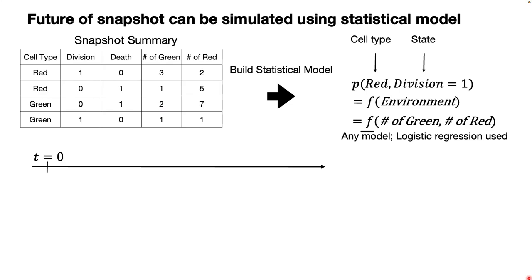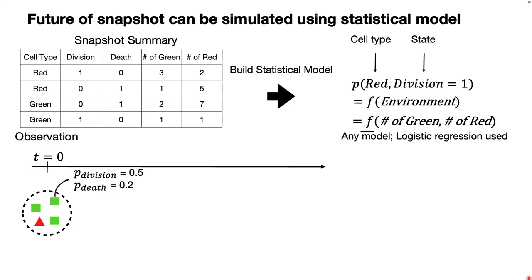So let's consider at T0, we have some observation, that is the snapshot. In this framework, we can determine the probabilities of each cell's division and death. For this one, division is 0.5 and death 0.2. And you can also do this for other cells, in fact every cell.